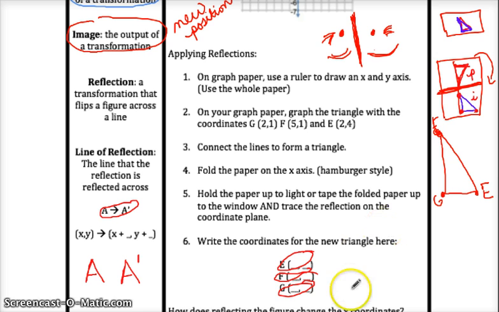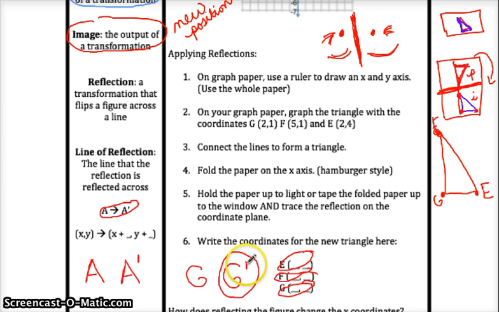So when I say the position of G in the pre-image would be 2, 1, but the position of G transformed would be whatever your new coordinate is on this paper. So this notation means the changed coordinate, and it's just represented by a dash. It's not an apostrophe, it's just a dash.